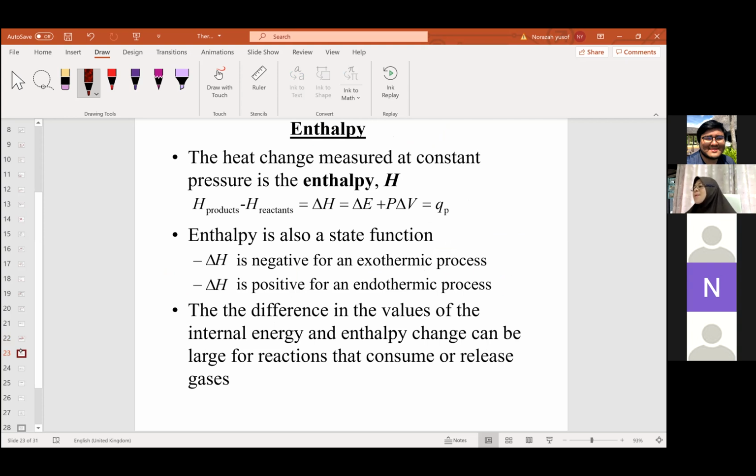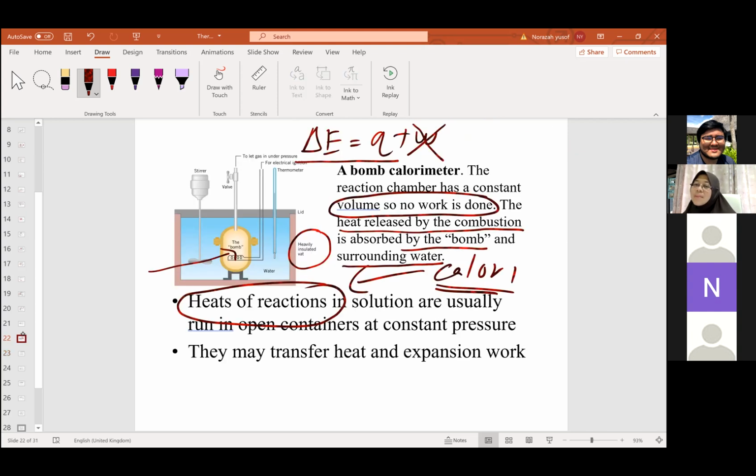So there are special terms that we use when we are talking about heat of reaction. Okay? So just now, it's actually a chemical reaction. That's why you receive heat from the pineapple tart.